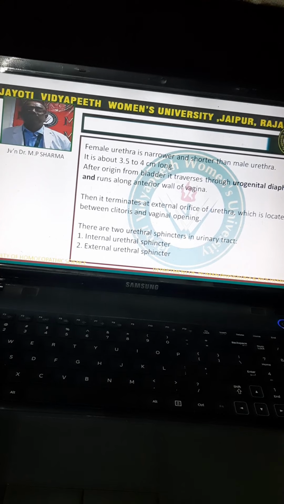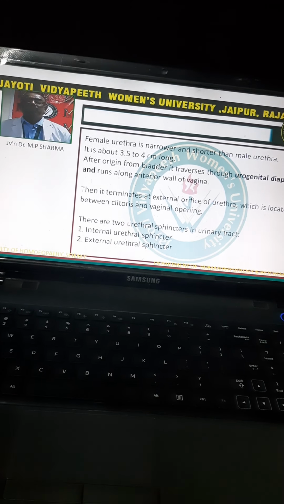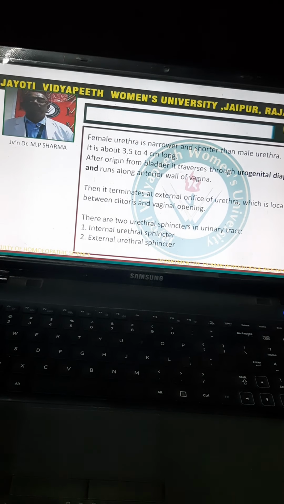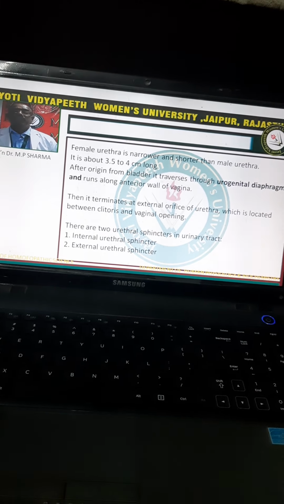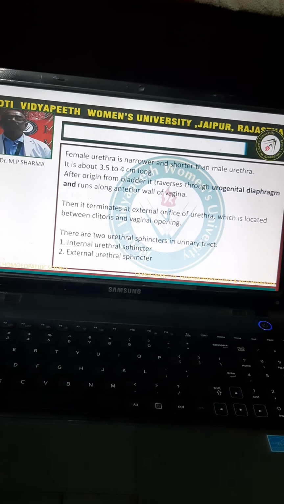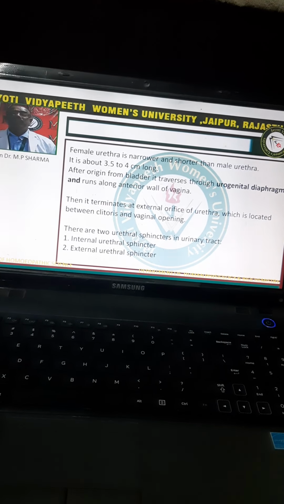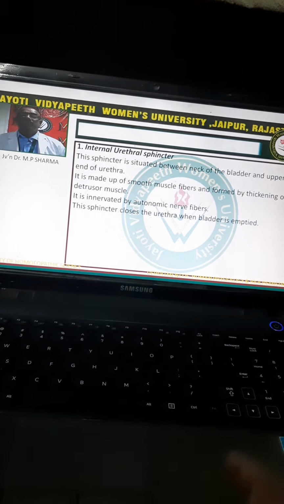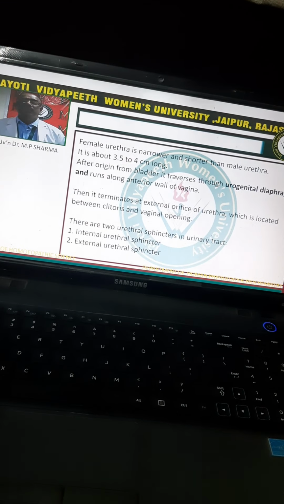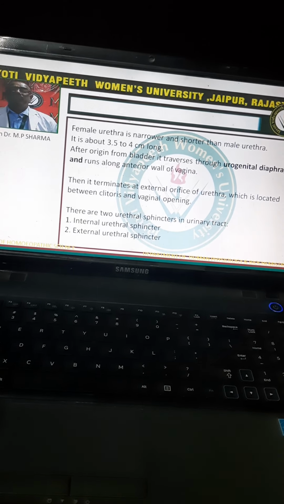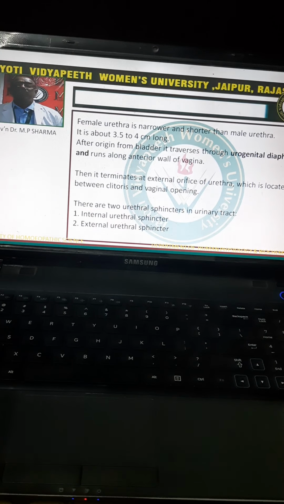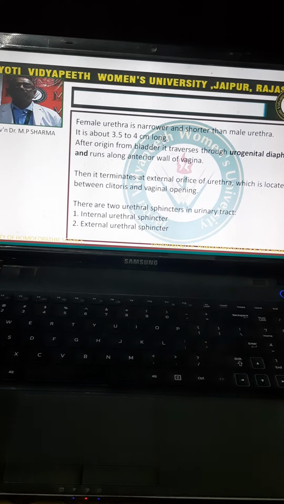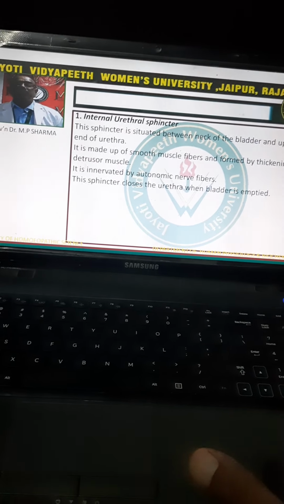After origin from the bladder, it traverses through the urogenital diaphragm and runs along the anterior wall of the vagina. Then it terminates at the external orifice of the urethra, which is located between the clitoris and vaginal opening.